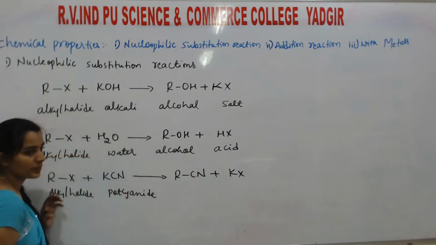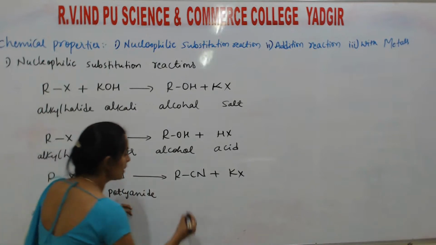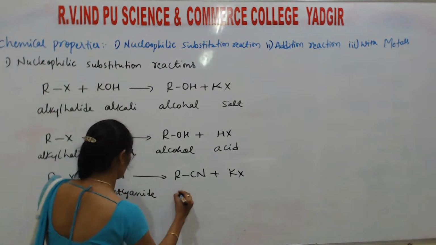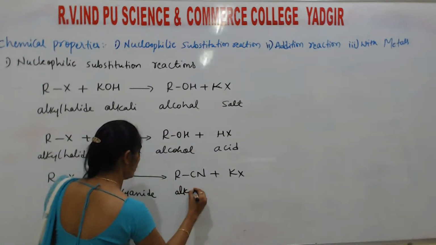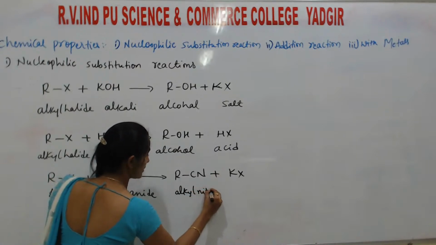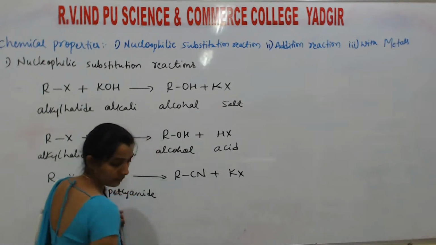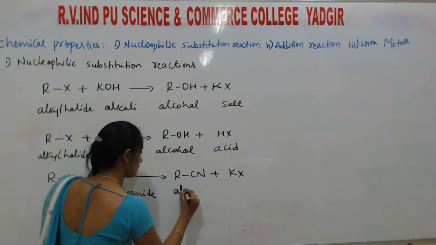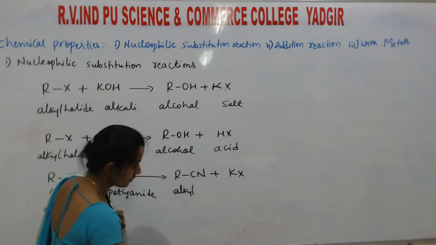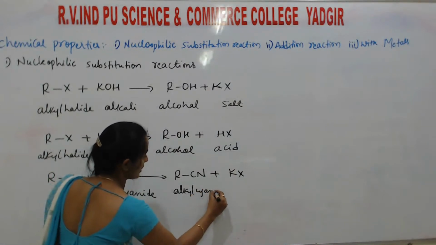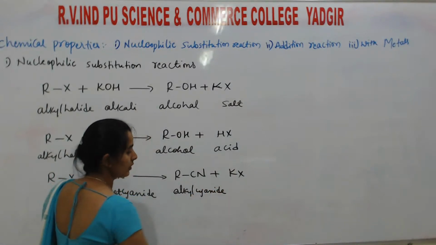Potassium cyanide gives alkyl nitriles, or you may say alkyl cyanide, plus salt.